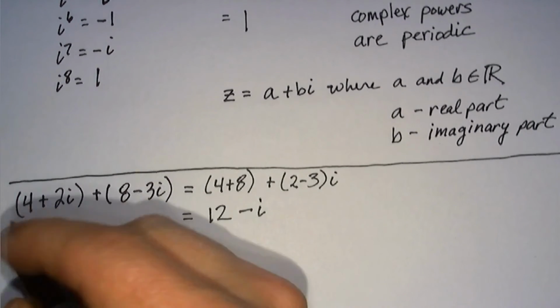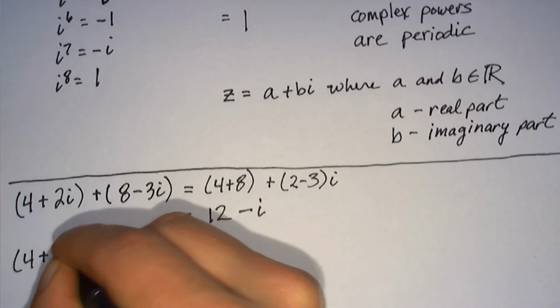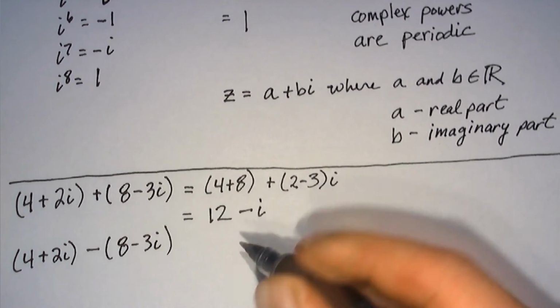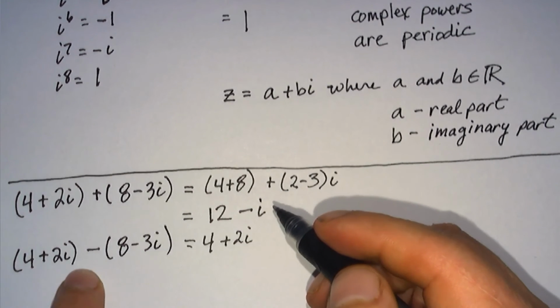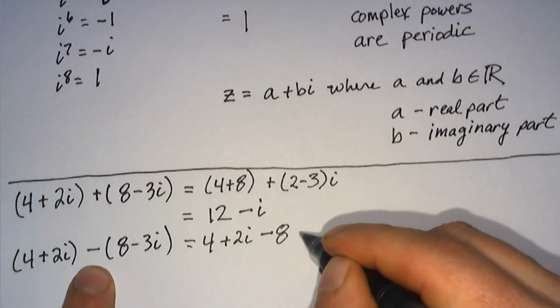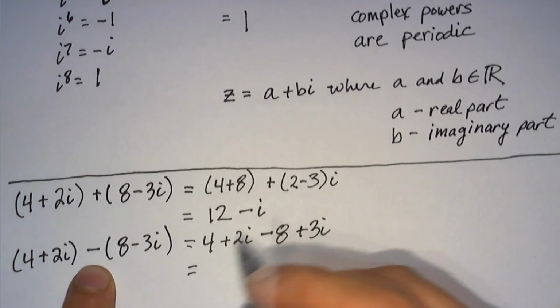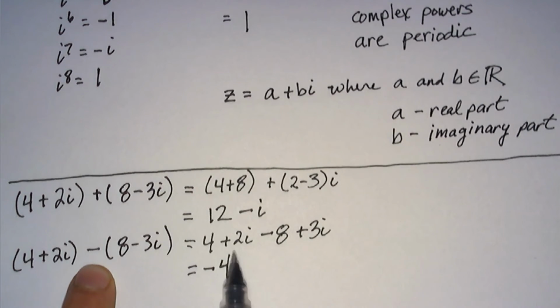Let's subtract the two. Subtraction would be the same way as if they were polynomials. So that's going to be 4 plus 2i, and then this negative changes the signs of both terms there. So it'll be minus 8 plus 3i. 4 minus 8 is negative 4, and 2 plus 3 is 5i.